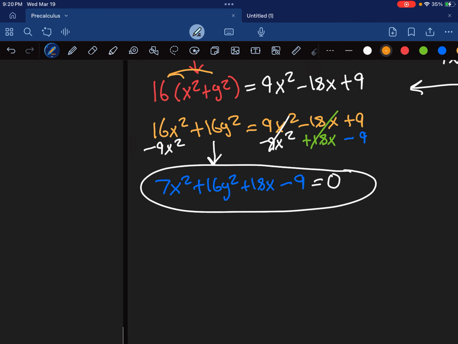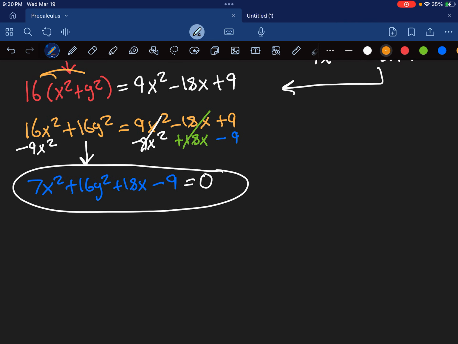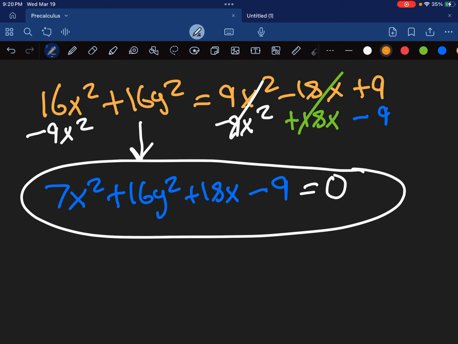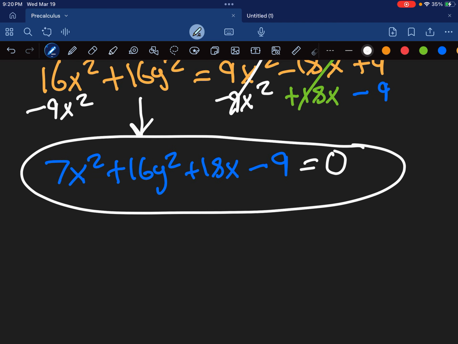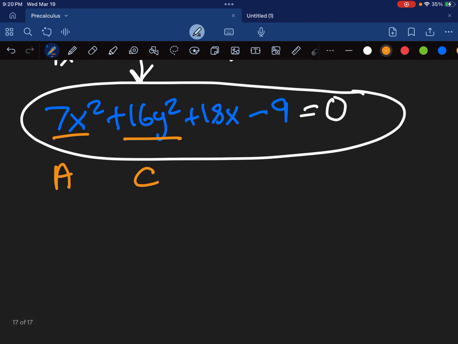Okay, now we have to wonder what conic it is. So for our conic, we're going to be looking at the first 2 terms. So the 7 right here is going to be an A, and then the 16 right here is going to be a C. And what we're going to be doing is multiplying these two.